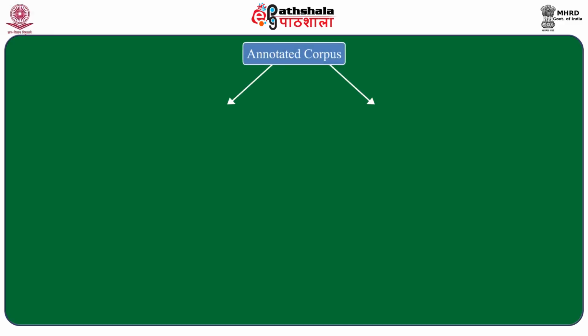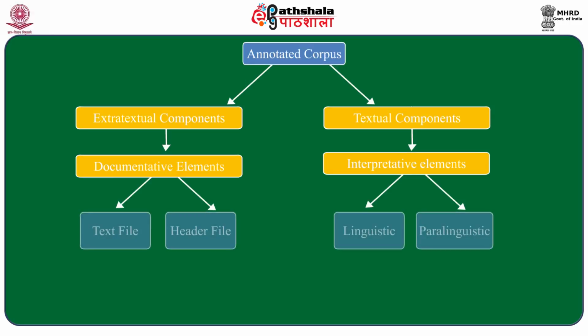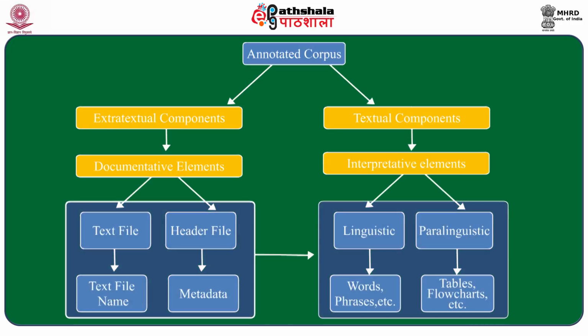If we look at the corpus, we find two types of information. One is extratextual components. The other is textual components. Now let us understand what the textual components are. If you look at the data or a corpus text, there are a lot of interpretative elements, which are basically linguistic elements or paralinguistic elements.